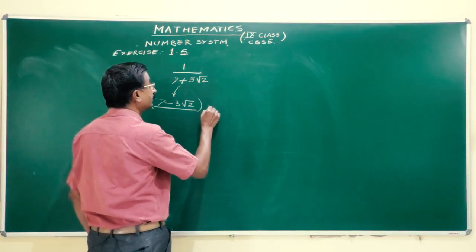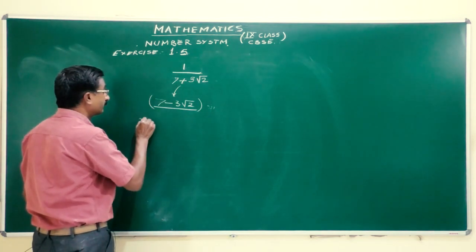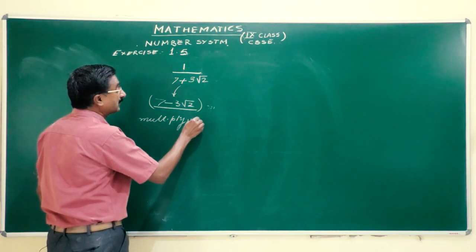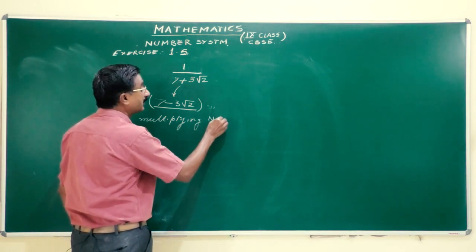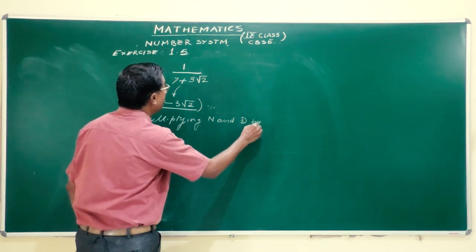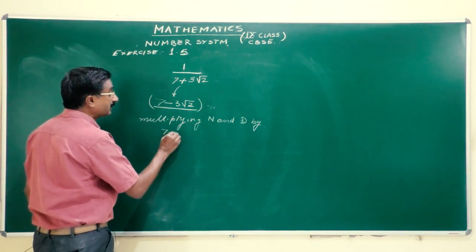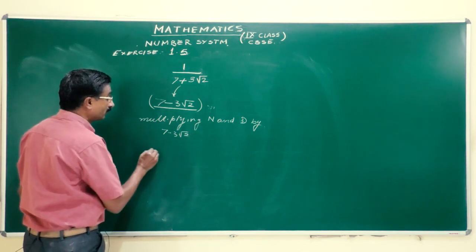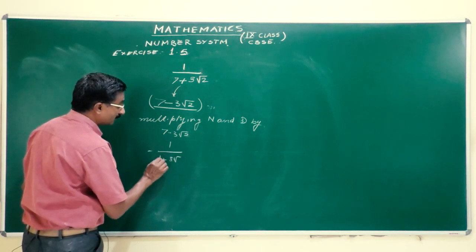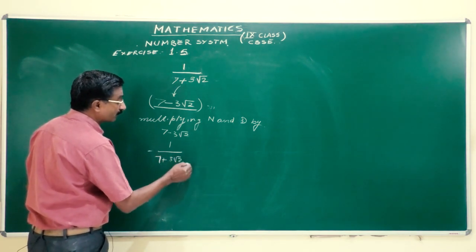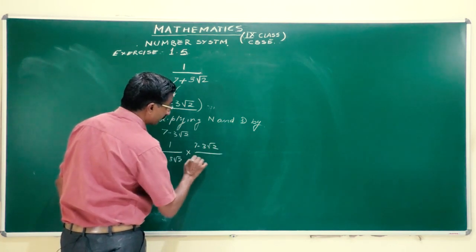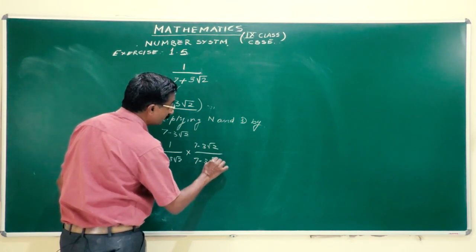So multiplying numerator and denominator by 7 minus 3 root 2, this is equal to 1 upon 7 plus 3 root 2 into 7 minus 3 root 2 upon 7 minus 3 root 2.